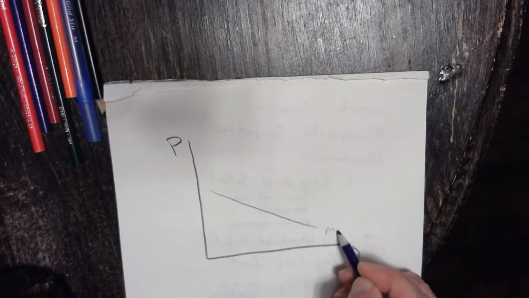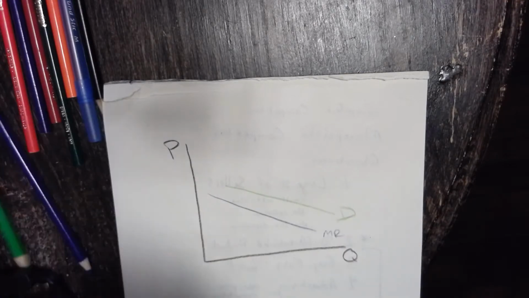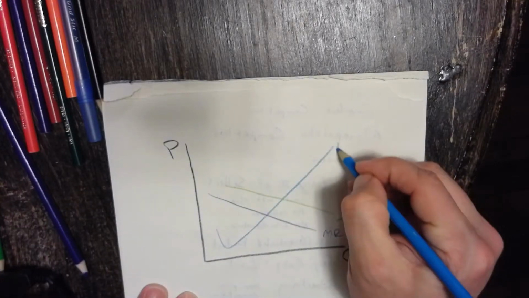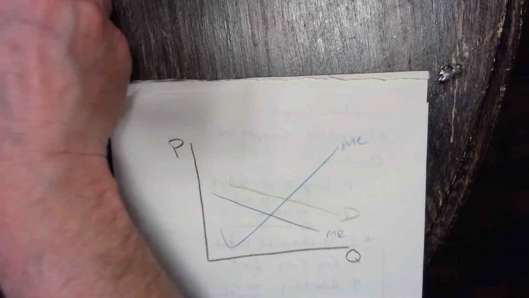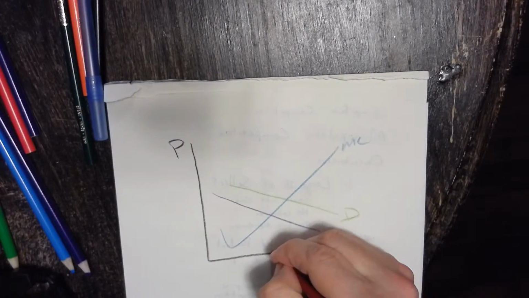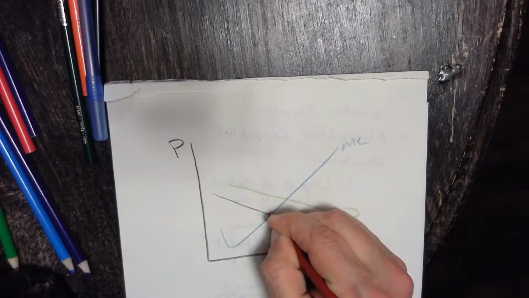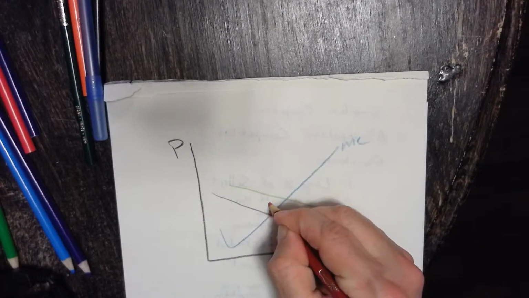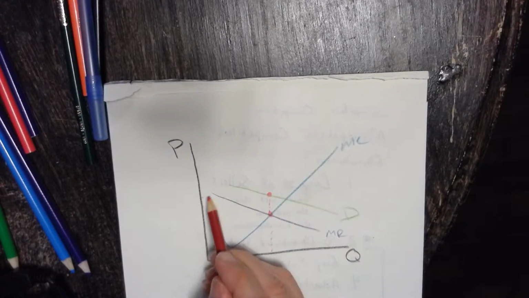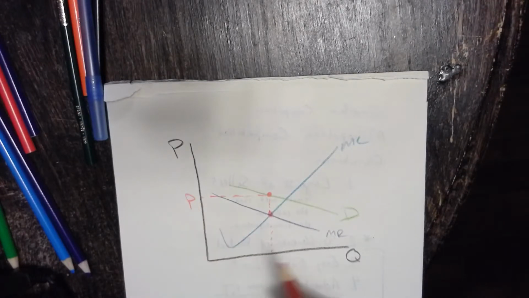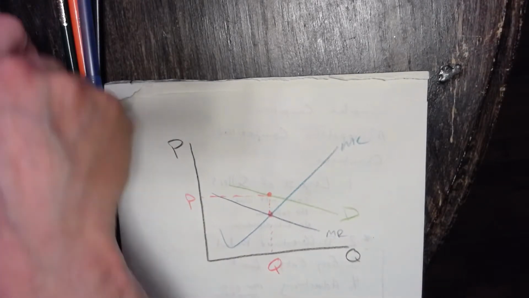You have your MR curve, you have your demand curve, you have your MC curve, and you get your price quantity combination by where MR equals MC. But go up to the demand curve, and that will be your price quantity combination.